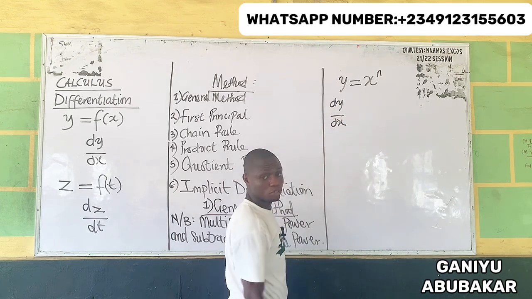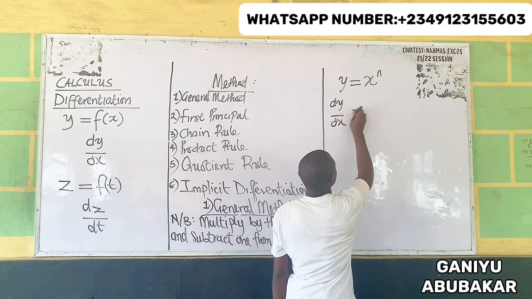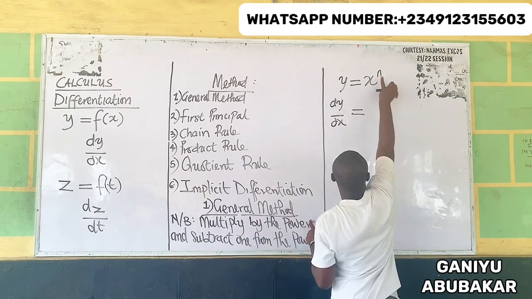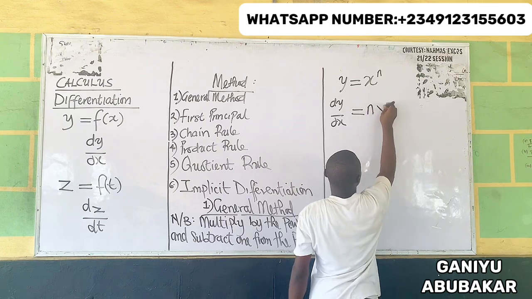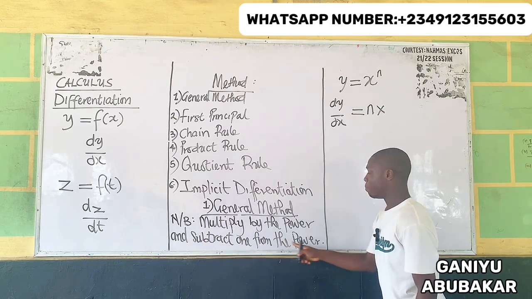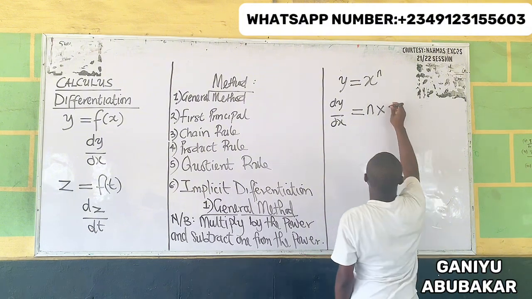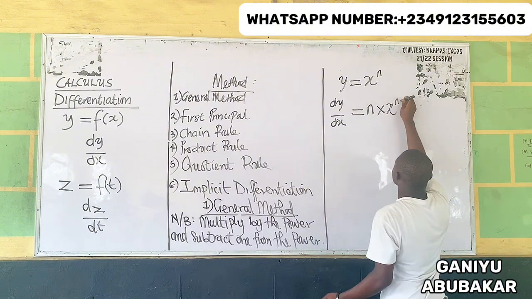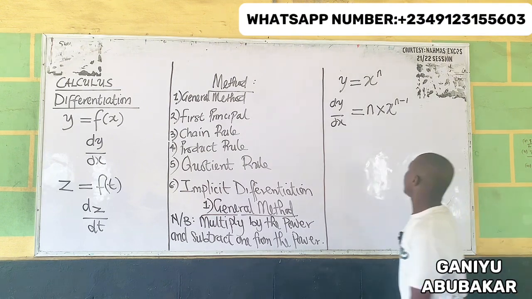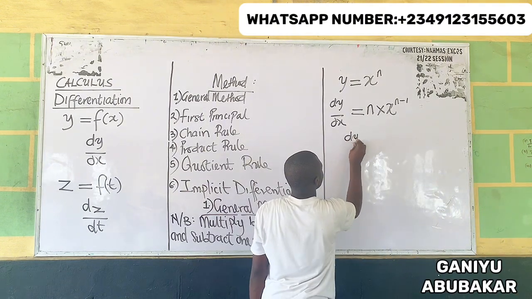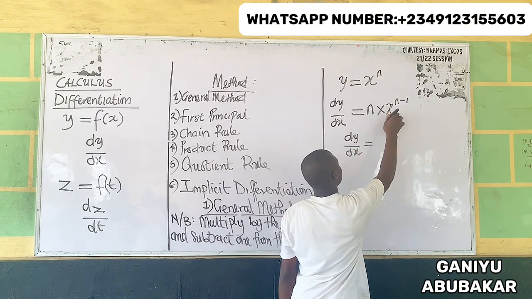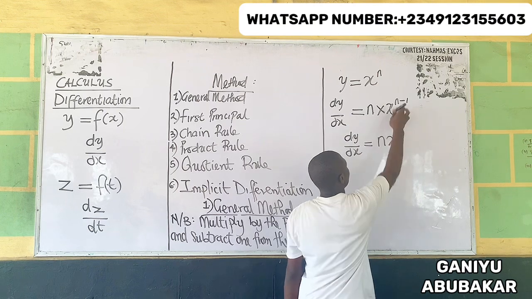What's the rule for the general method? Multiply by the power. That becomes n times x to the power n. Then what's next? Subtract 1 from the power. So dy over dx should be equal to n times x to the power n minus 1.